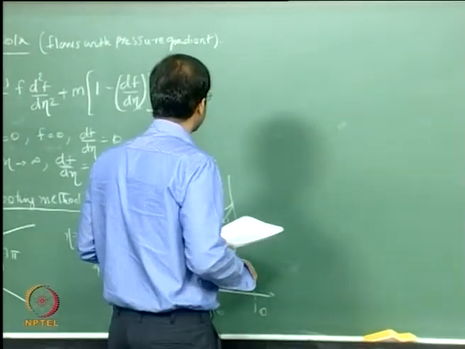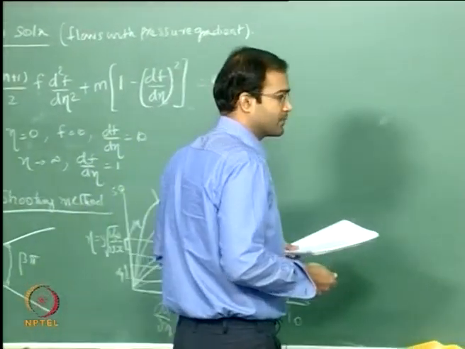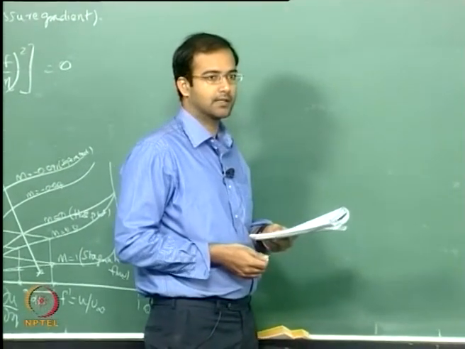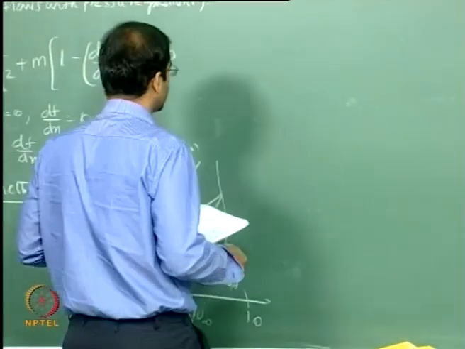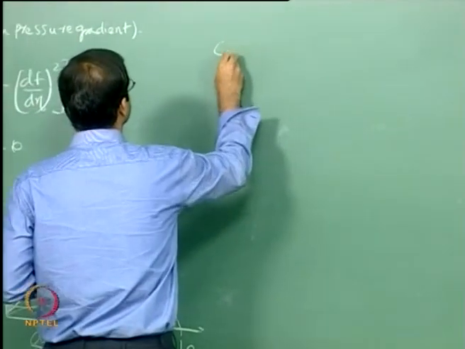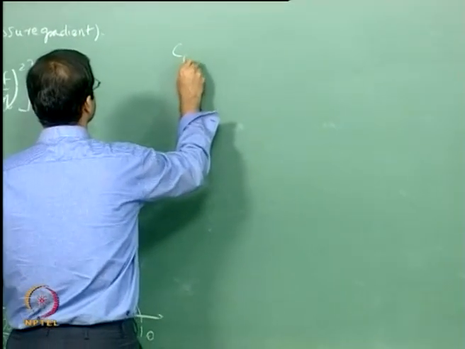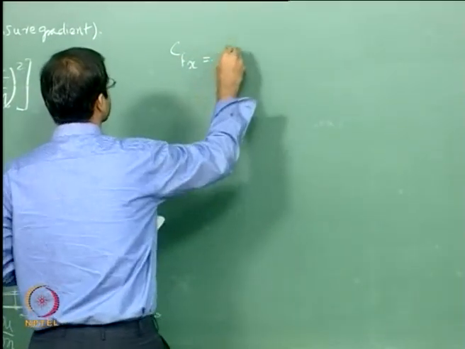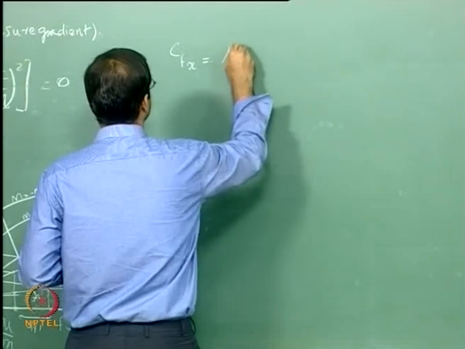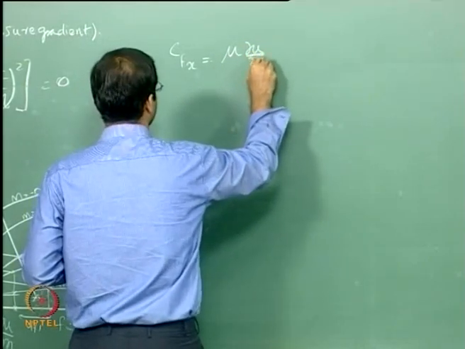We are more interested in the derived quantities like the skin friction coefficient for the flow. So we can calculate the skin friction coefficient locally. This is nothing but nu du by dy.